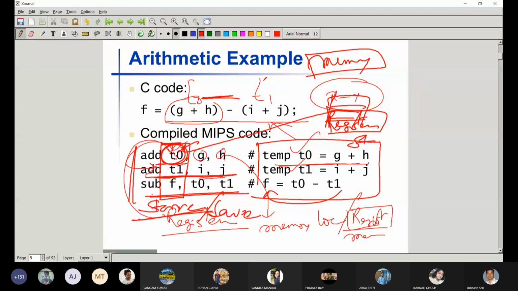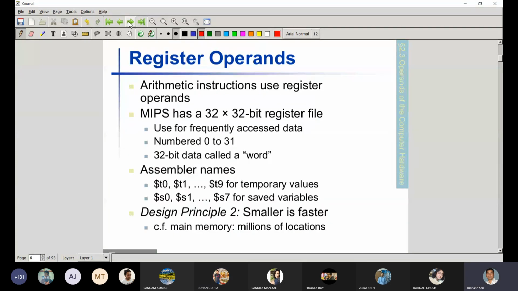Okay, sir. Now the next question: MIPS has a 32 by 32 register file. That is very important. As I just told you, they use registers frequently because of access speed, and it is also an example I will give for the RISC architecture. RISC means reduced instruction set, fewer instructions, but a very fast and efficient set.